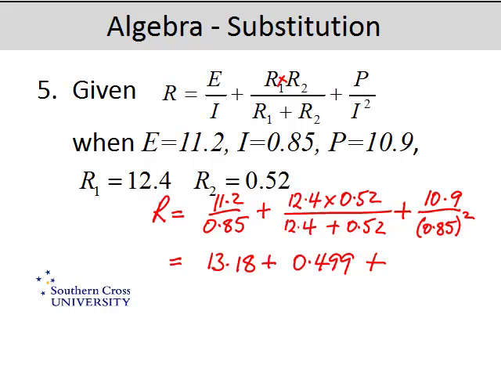So it would be possible with this one to do 10.9 divided by 0.85 squared on your calculator, and your calculator will do the squaring before it does the dividing. Most modern calculators have got the order of operations part worked out fairly well. That comes to 15.087. So by the time you add those, we get 28.766.